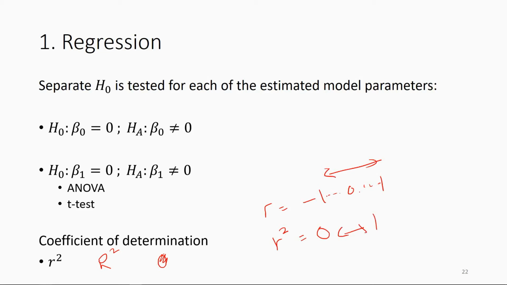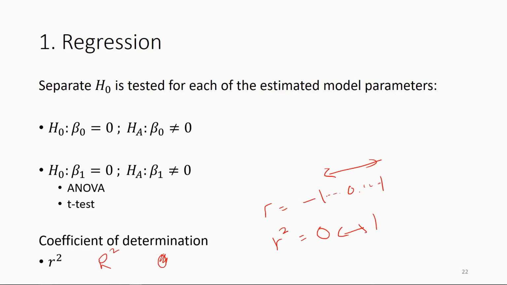So what does the coefficient of determination tell you? It does not tell you the strength of the relationship, because the strength of the relationship is shown in the regression coefficient, the slope. What it actually tells you is how much variance is explained by this model.